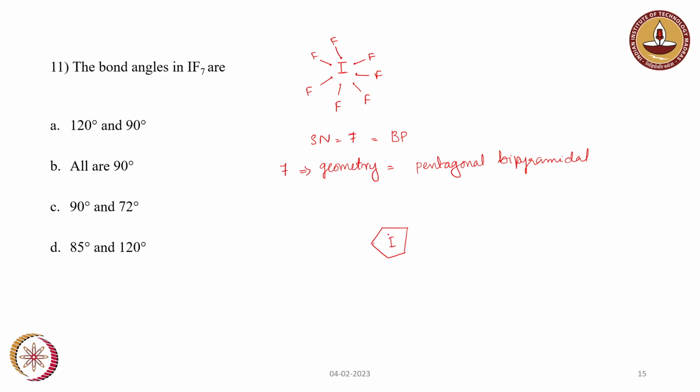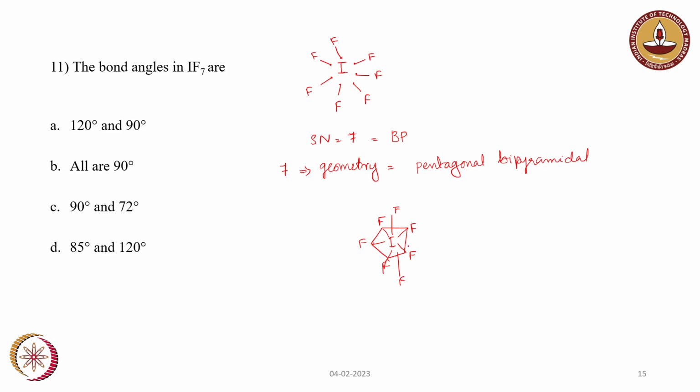Iodine is the central atom, with 5 bonds in the equatorial position and 2 bonds in the axial position.